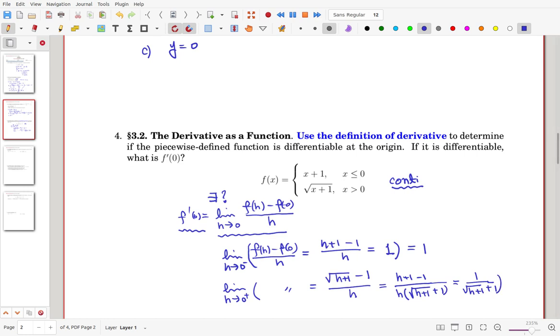As h approaches 0 from the right, the value will approach 1 over 1 plus 1, which is the same as 1 over 2. So the left limit of the quotient and the right limit of the quotient are different, so it's not differentiable at the origin.